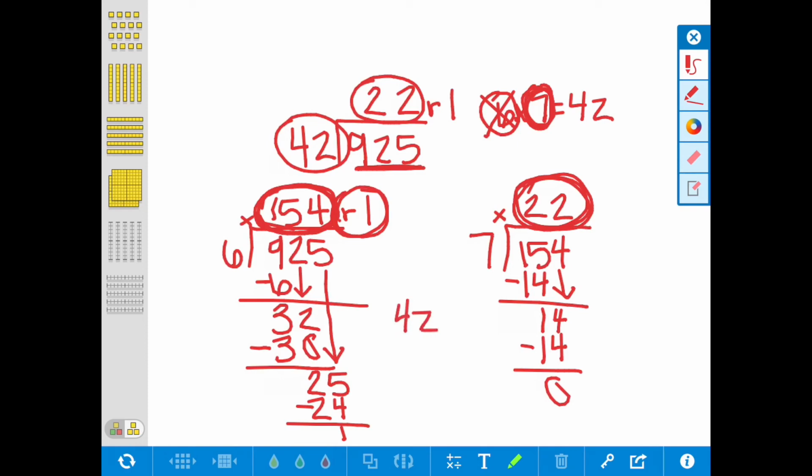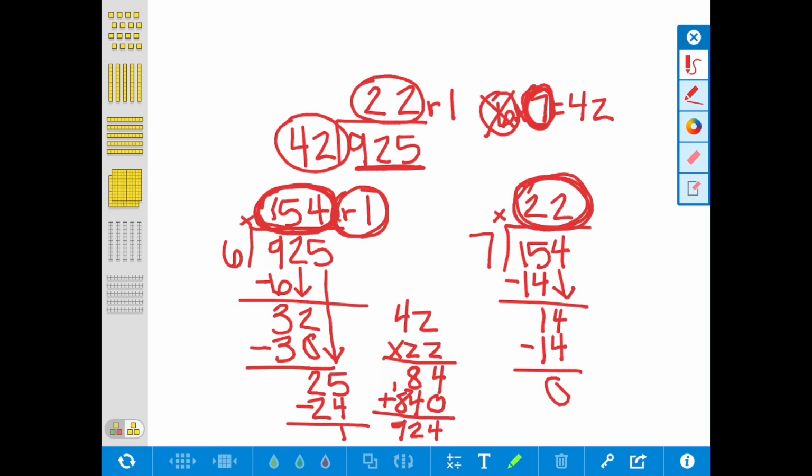So let's do 42 times 22. Sorry, this app makes my 2's look like z's, but those are 2's. 2 times 2 is 4. 2 times 4 is 8. Don't forget the 0. 2 times 2 is 4. And 2 times 4 is 8. We're going to add those together. 4 plus 0 is 4. 8 plus 4 is 12. Carry the 1. 8 plus 1 is 9.